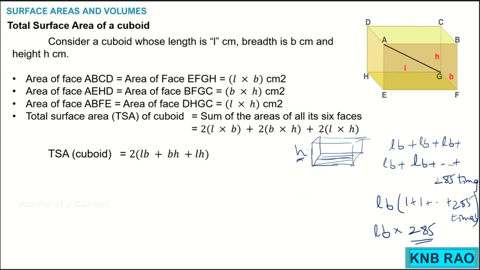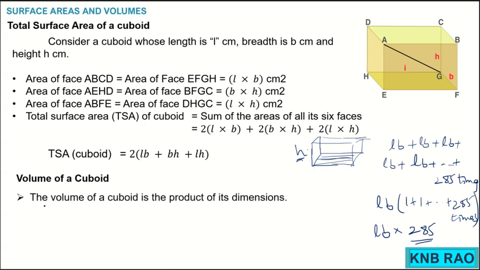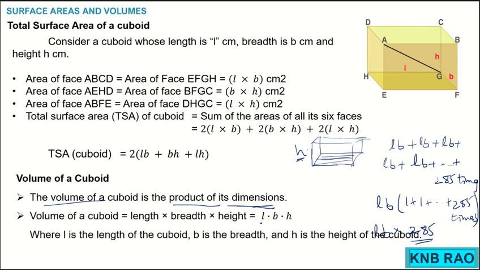So the volume of a cuboid is the product of all 3 dimensions, that is LB, the area of the base, multiplied H times. That's how the formula has come.